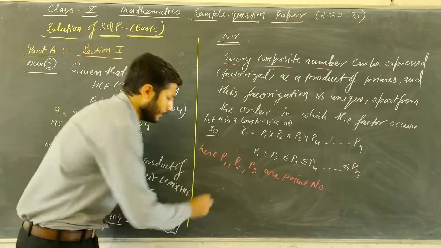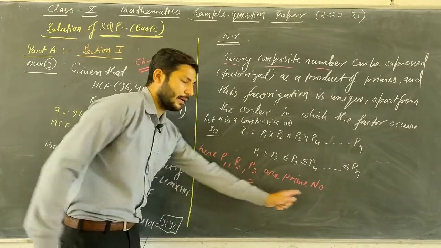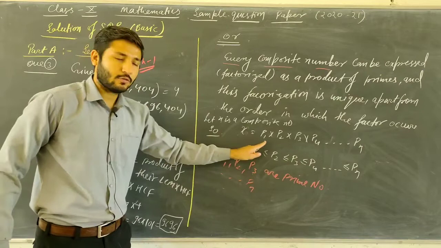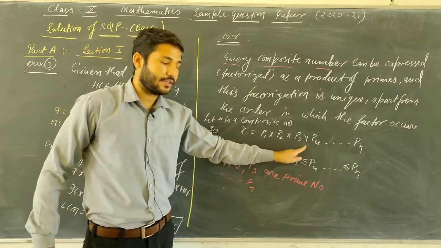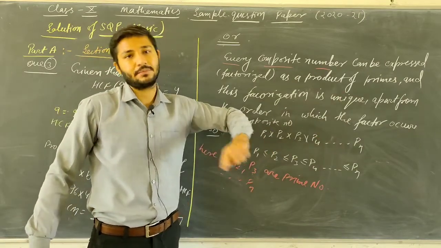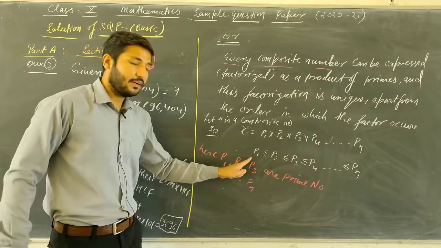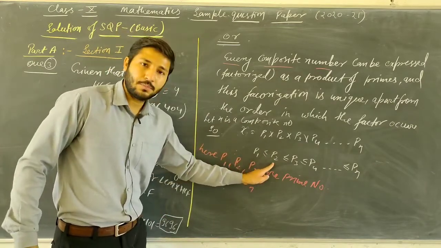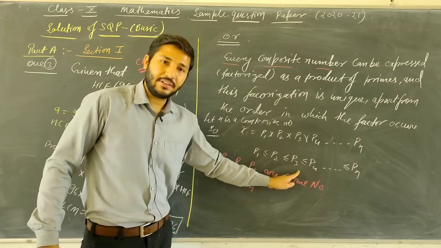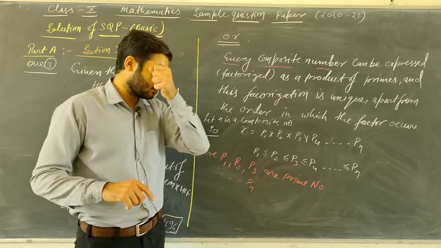These are prime numbers. Where will they go up to? Up to pn, they are prime numbers. So x is equal to p1 into p2 into p3 up to pn, as far as the prime factorization goes. And here p1 is less than or equal to p2, and p3 is less than or equal to p2.